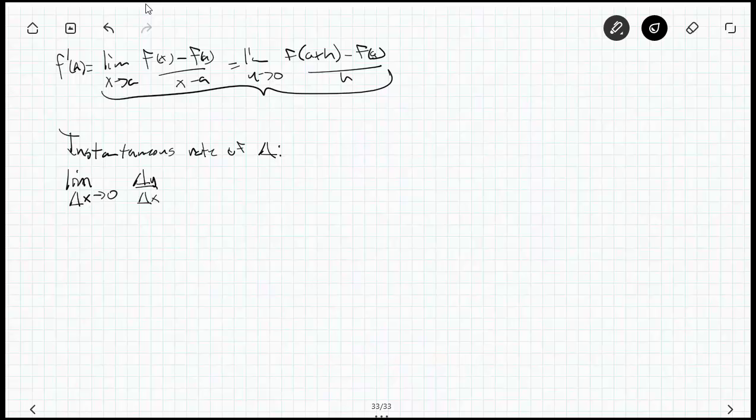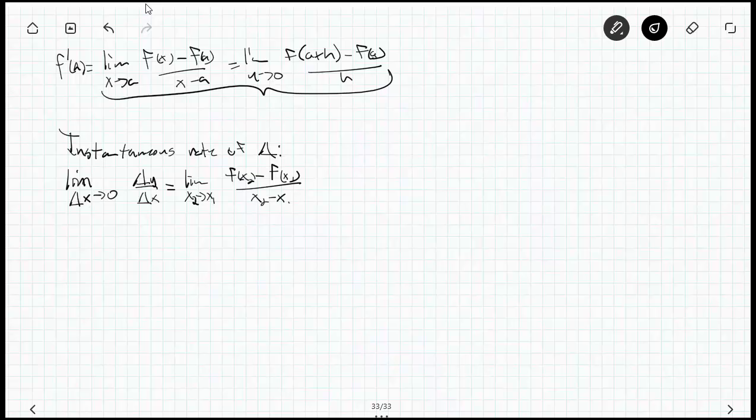Now, another way that you might see in a textbook from time to time is the limit as x1 goes to x2, or x2, let's do x2 goes to x1 just to be consistent in the notation we used earlier, of f of x2 minus f of x1 over x2 minus x1.